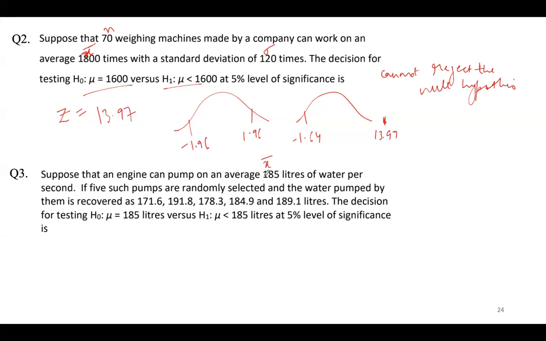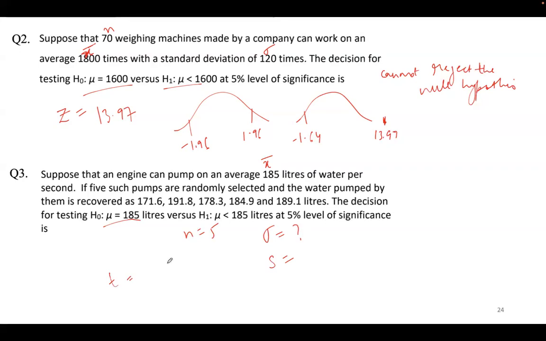This is equal to x bar. N here is going to be equal to 5. Mu is this. Sigma. Okay, so this is the case where sigma is not known. So instead you'll calculate S from these 5 values. And you'll do the T statistic here.